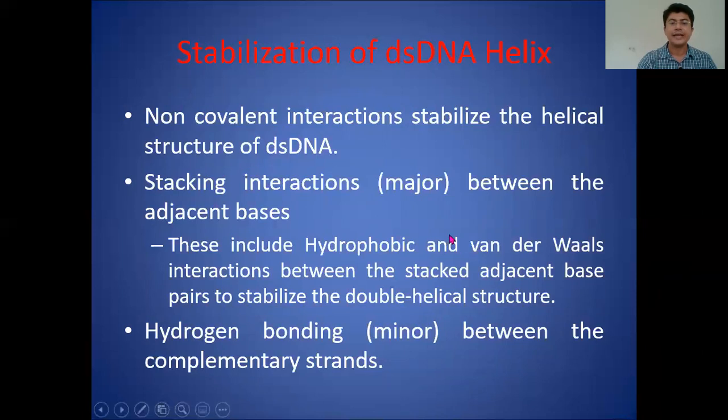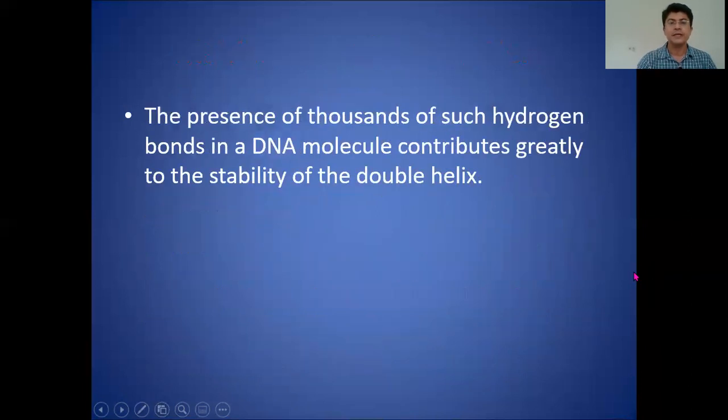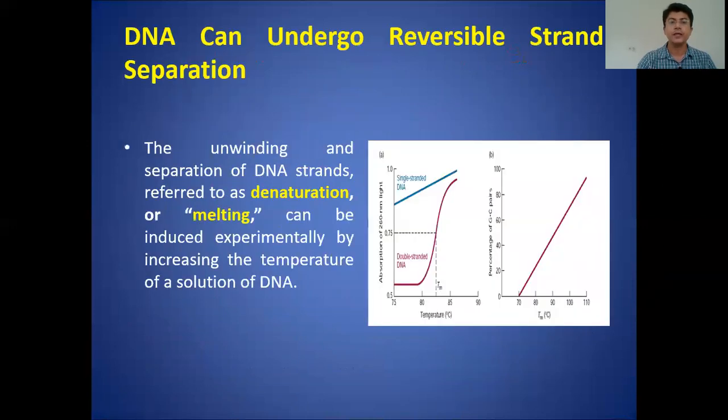Among the stacking interactions, the hydrophobic and van der Waals forces contribute to the stabilization of the double helical structure, whereas the presence of several hydrogen bonds, thousands of hydrogen bonds in a DNA molecule, contributes greatly to the stability of the double helix.